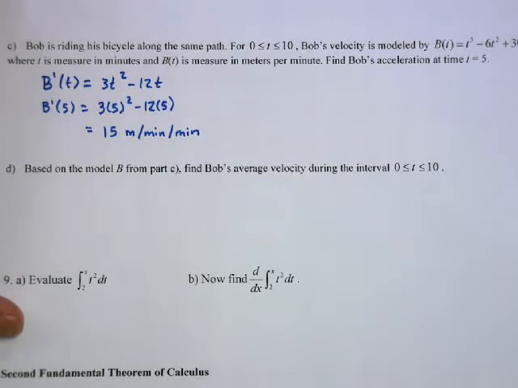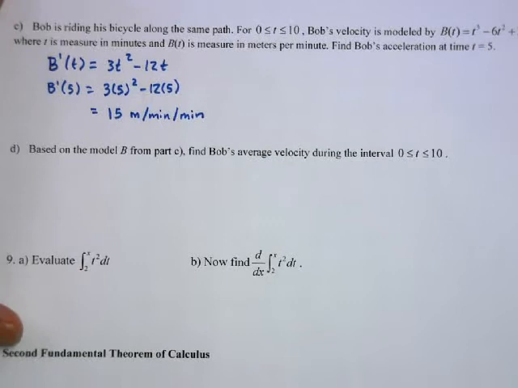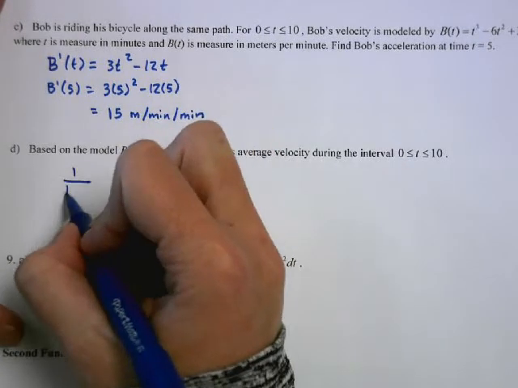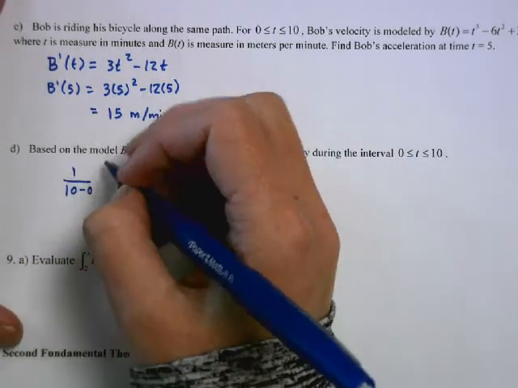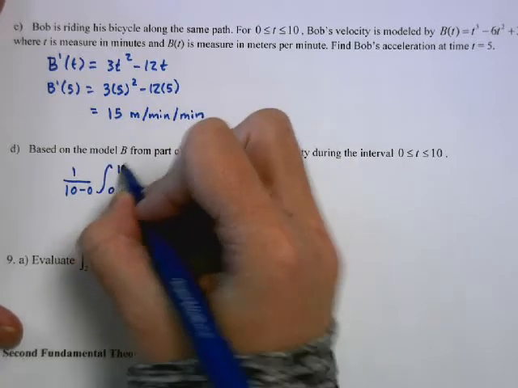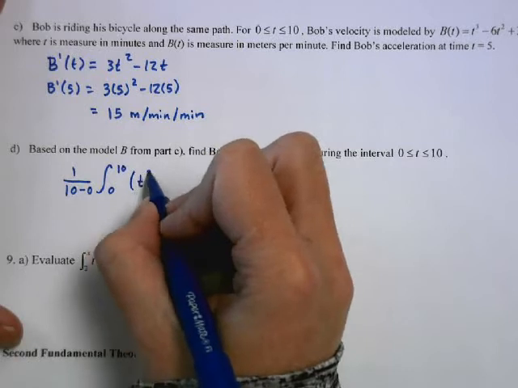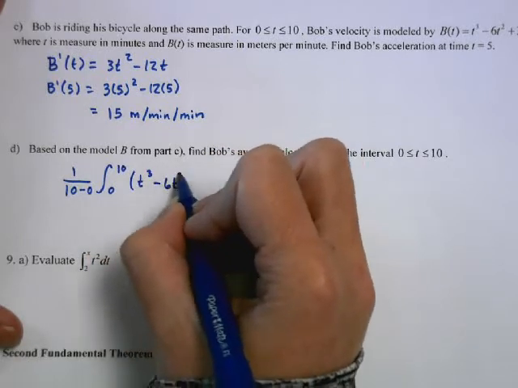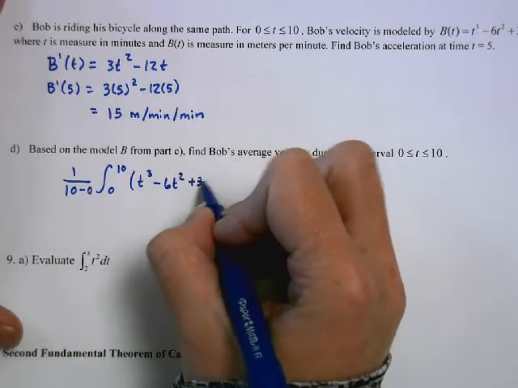Okay, based on the model v from part C, find Bob's average velocity from 0 to 10. So that's going to be 1 over 10 minus 0 times the integral from 0 to 10 of t cubed minus 6t squared plus 300.